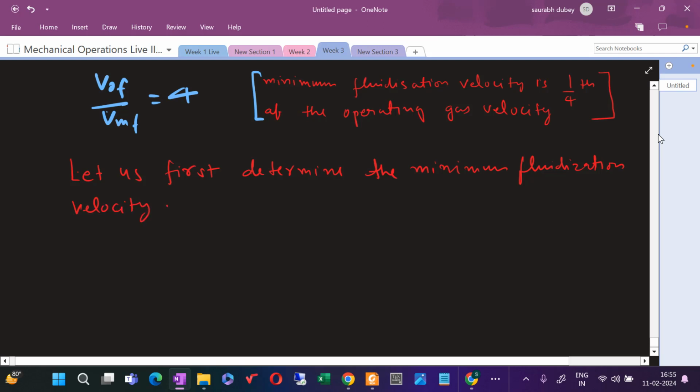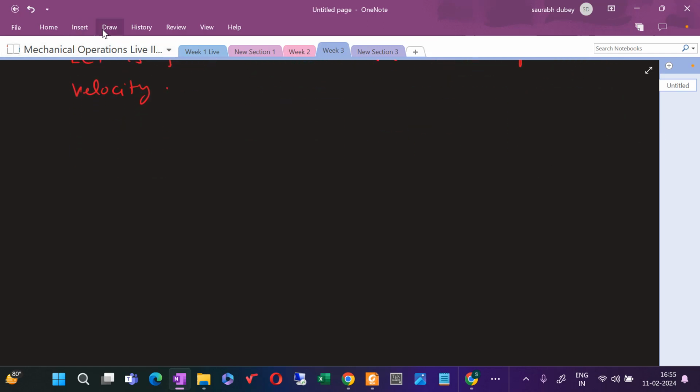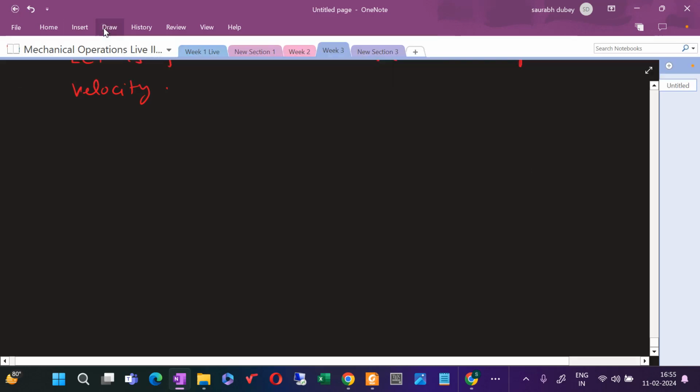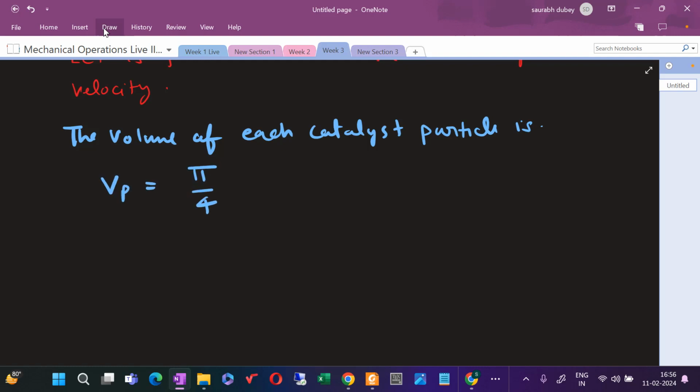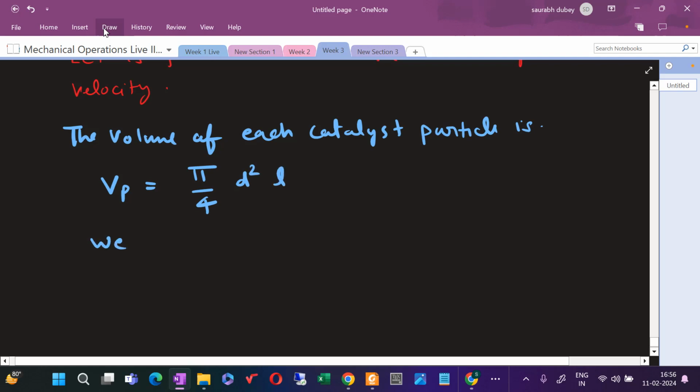The volume of each catalyst particle is equal to pi by 4 d square L. Also, we know that for a sphere the volume is pi by 6 dv cubed.